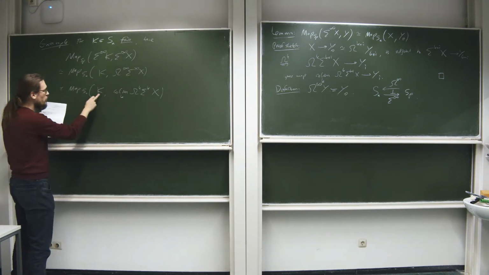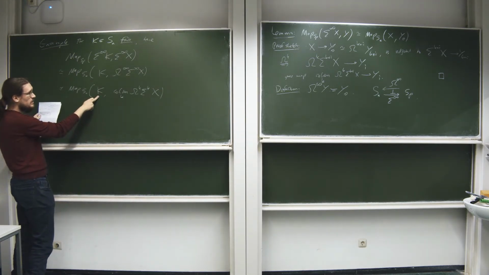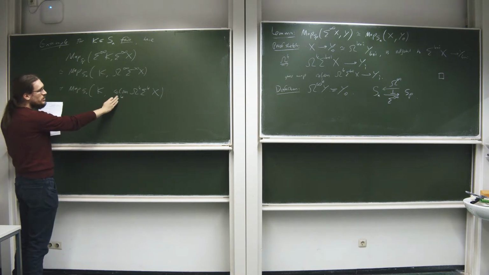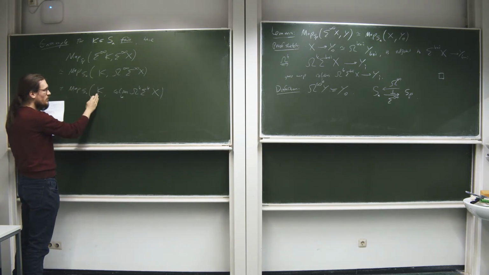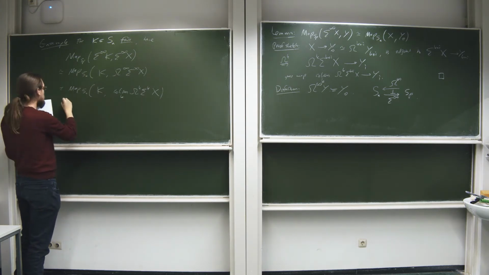And then here's where we use that K was finite. Namely, we can pull this colimit past K, right? K is finite, and so mapping out of it commutes with filtered colimits.